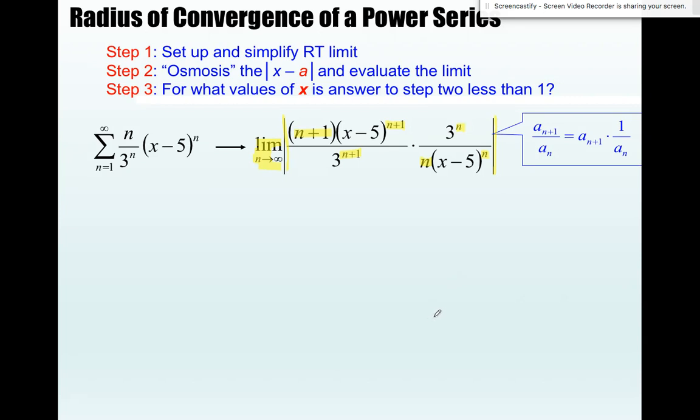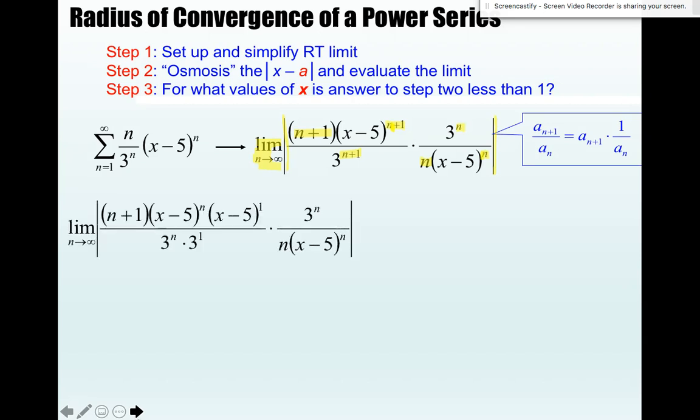Now notice I've left off the less than 1 so far. I really should say this limit is supposed to be less than 1, but I'm going to do the algebra. I can't osmosis the x stuff out yet, because I have an n here with my x and an n here with my x. But my goal is to osmosis that x stuff out. So watch me do some algebra.